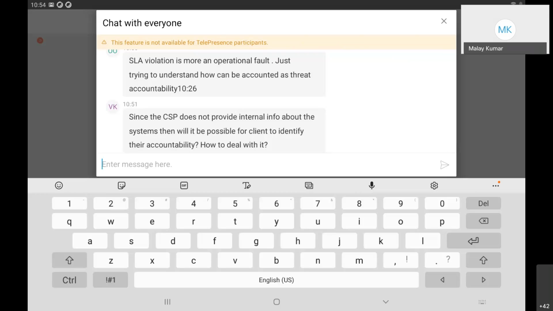Although they had agreed to provide confidentiality, integrity and even availability up to 100%, still it was not able to do so. At that time, accountability must be fixed. It happened because of the cloud service provider.